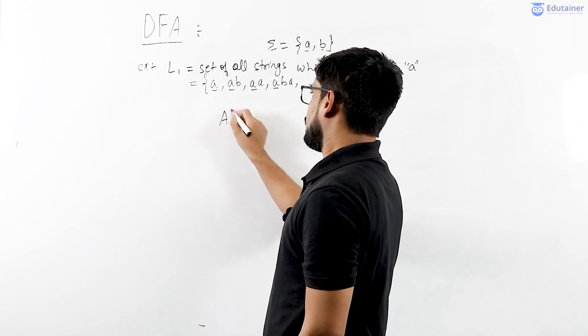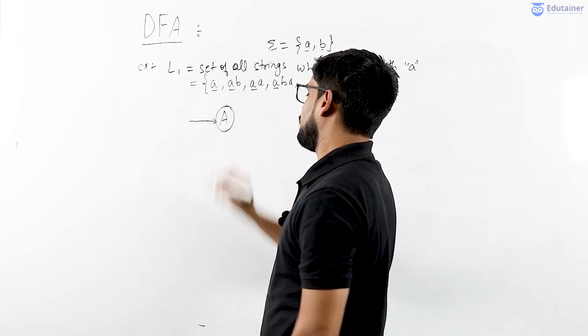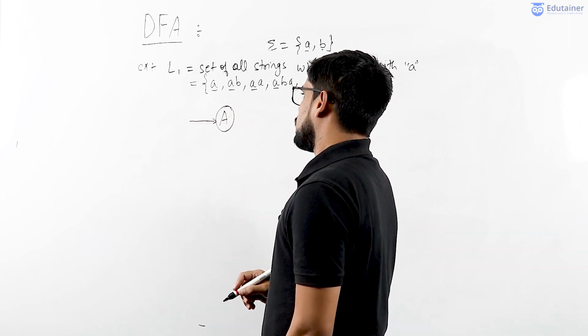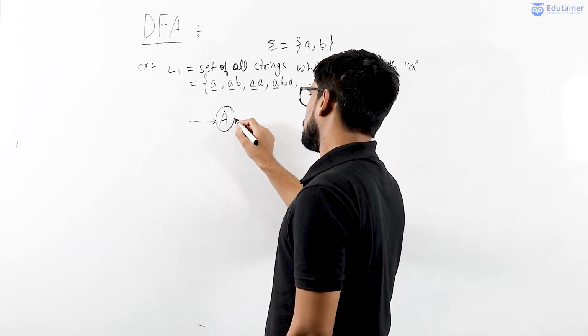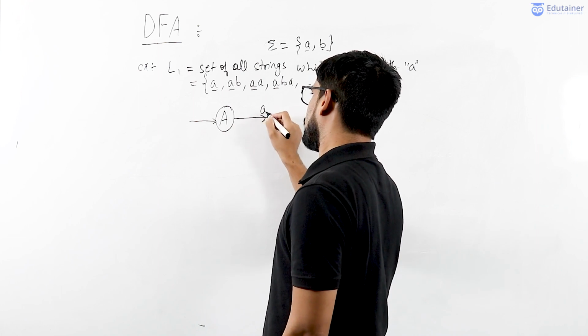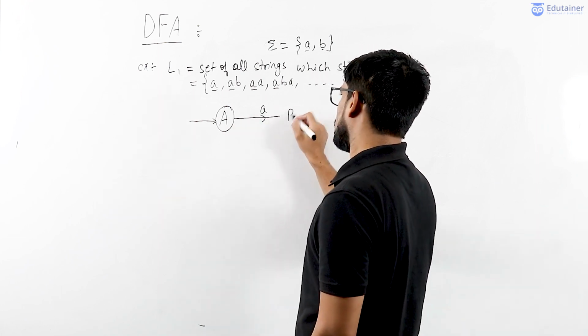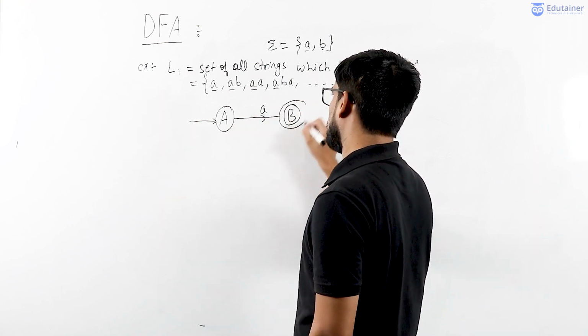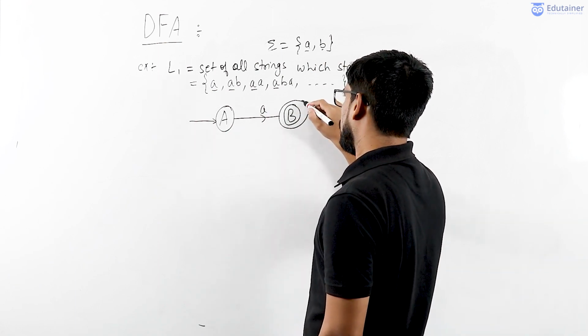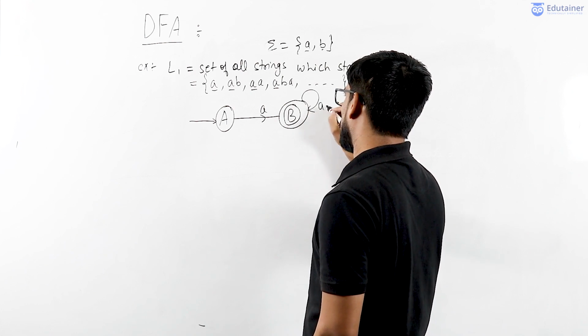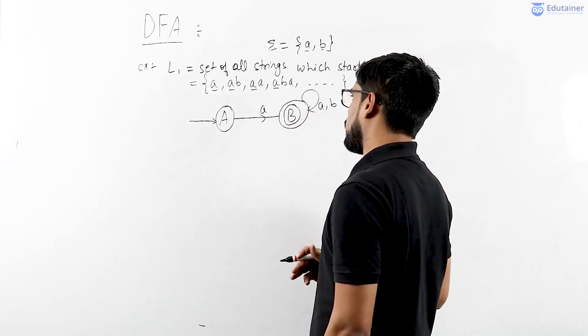So let's say I will draw the DFA. Capital A is the initial state. If I start with a, then I will go to some state, let's say capital B, and capital B is the final state. On the final state, I can accept any number of A's or any number of B's, no problem here.